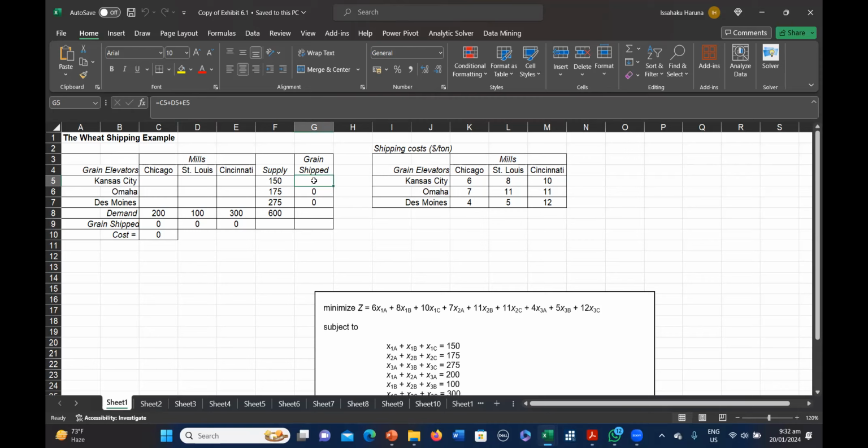The supply constraint will simply mean that the supply should be equal to the amount that has been shipped. So the grain shipped should be equal to supply. In other words, everything has been supplied. The same way, if you come down here, we have the demand, which has been provided, and the demand has to be met fully.